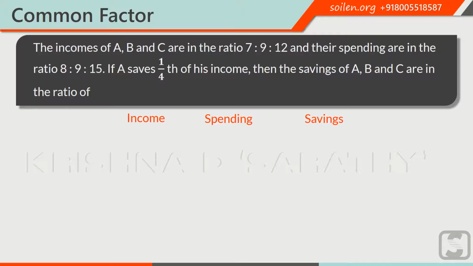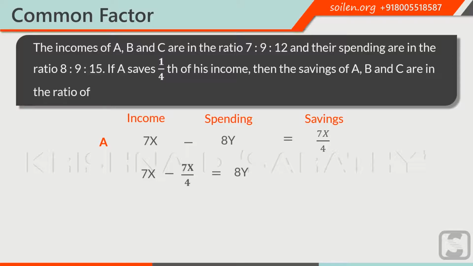Next, we will write A's income, spending, and savings. 7x minus 8y equals 7x over 4. To solve the equation, we will move the term with variable x to the left and the term with variable y to the right. Here, we can get 7x minus 7x over 4 equals 8y.